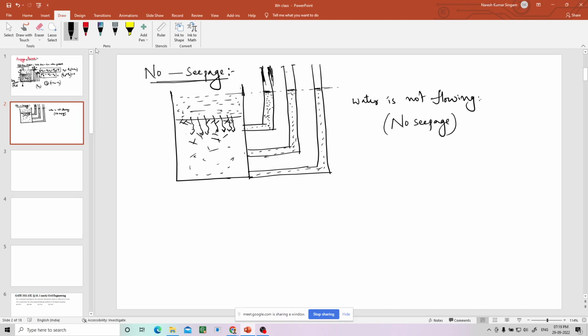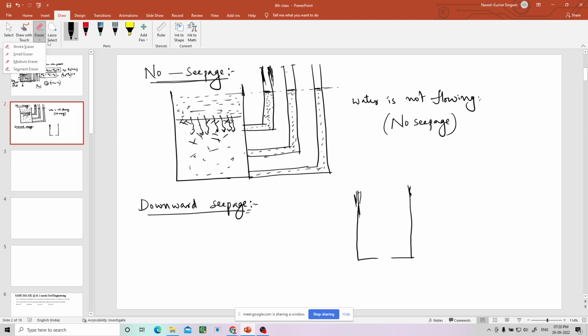Let us take downward seepage. So let me draw, there is a container here, and here I'll take, I've taken little larger height.